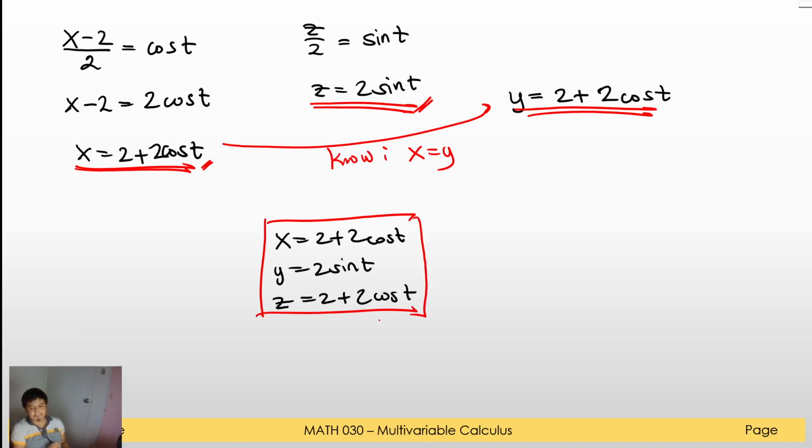Okay. So what is the domain of the t here? The t here could be any real number, but the principal domain you can classify as from 0 to 2 pi.